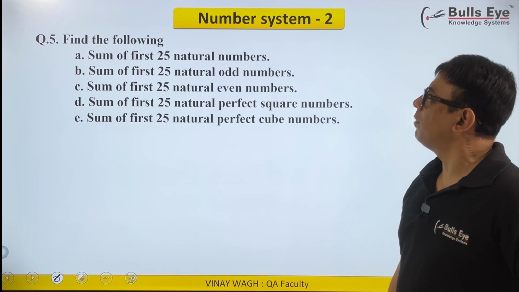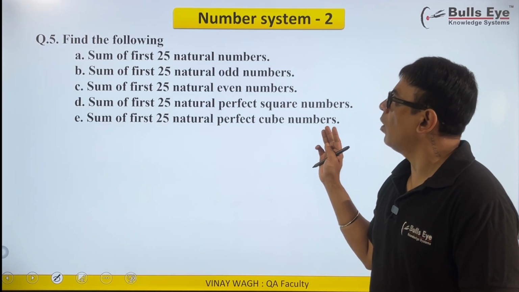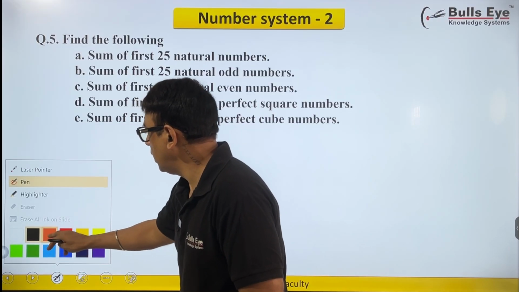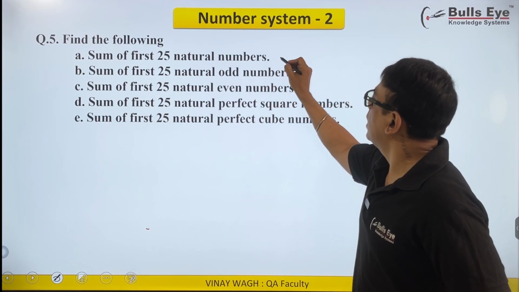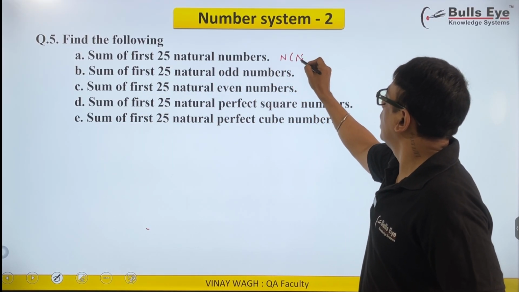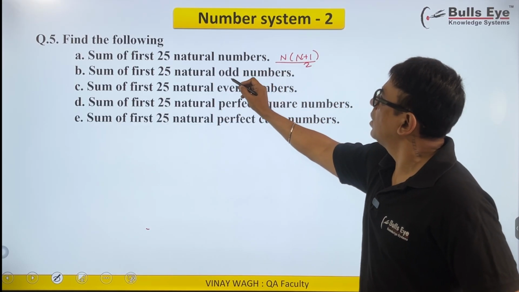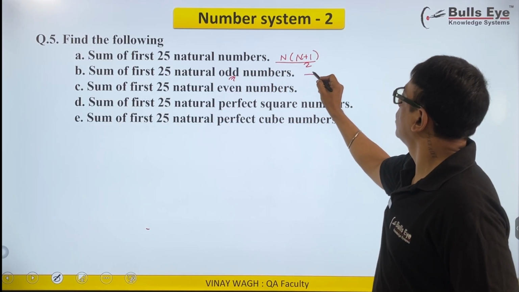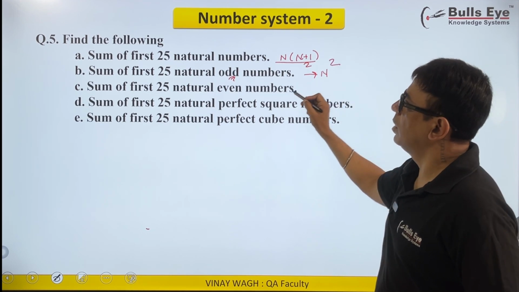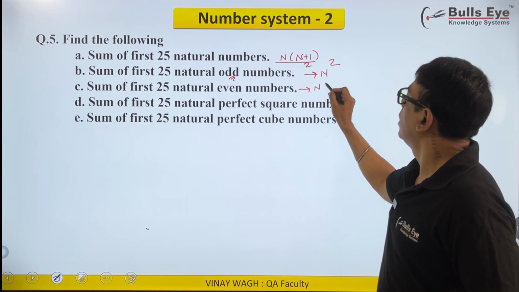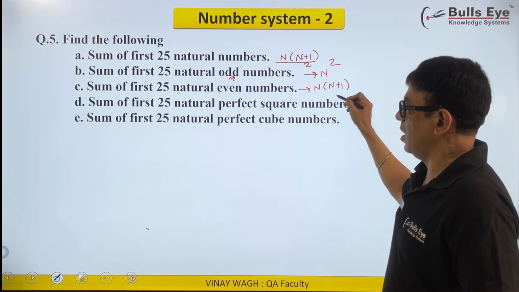Find the sum of 25 natural numbers, 25 odd natural numbers, 25 even natural numbers. So again, there is a set of identities for this. Sum of n natural numbers is n into n plus 1 divided by 2. Sum of n natural odd numbers is n square. Sum of first n natural even numbers is n into n plus 1, the generalized formula.